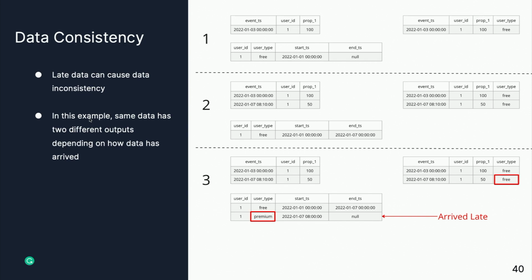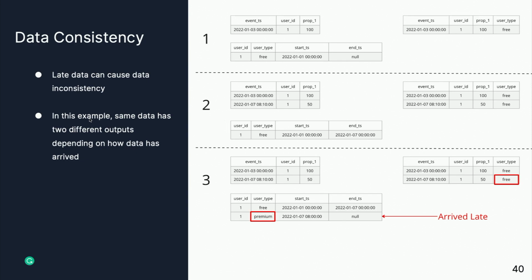A new event comes in, we take it, we enrich it, and we flag it as free because that's all we knew at that time. But later, a dimension history row comes late, which tells us that on January 7, the user was premium. But the problem is we previously received the record at January 8 and flagged that row as free. Although in reality the user was premium at that time, we flagged them as free.